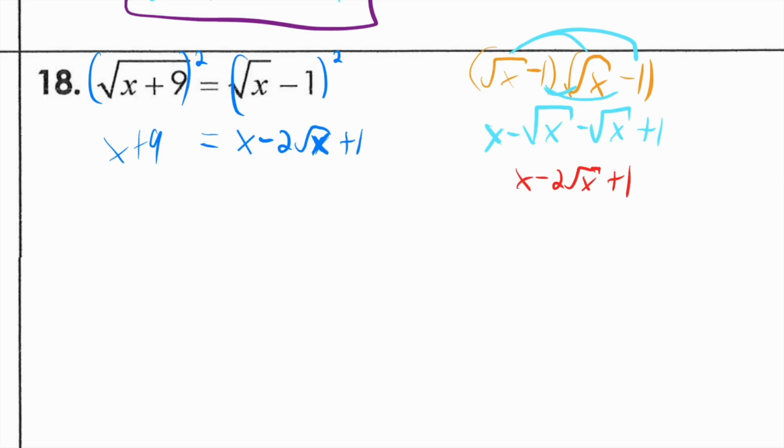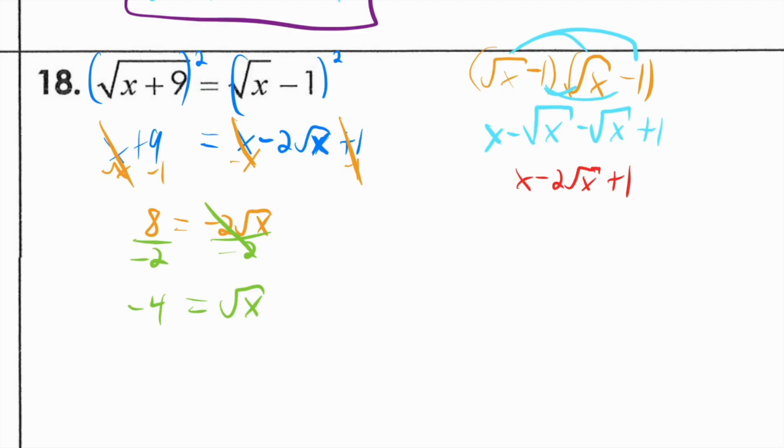And so I have to subtract x from both sides and subtract 1 from both sides. So that'll give me no x's on the left. I just get 8 equals negative 2 square root x. And now I have to divide by negative 2 to still continue getting my square root of x by itself. And so I get negative 4 equals the square root of x.